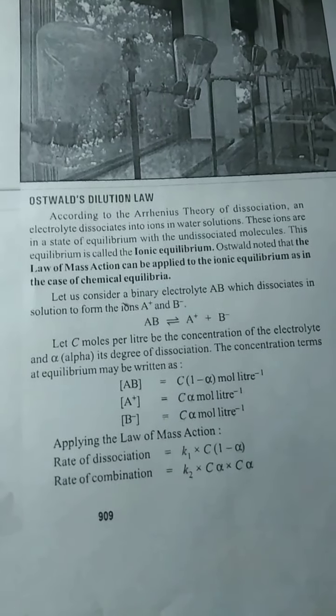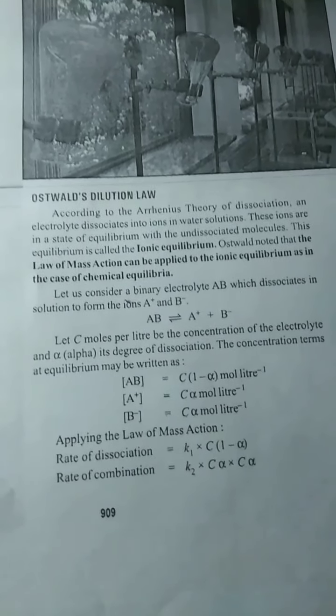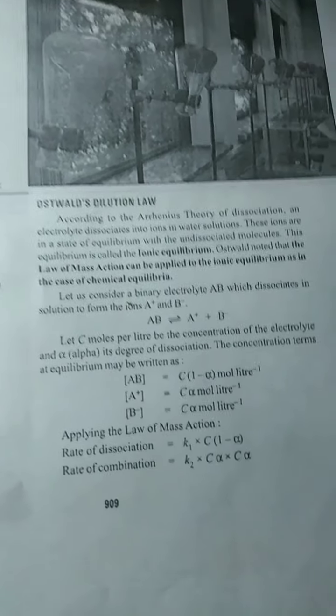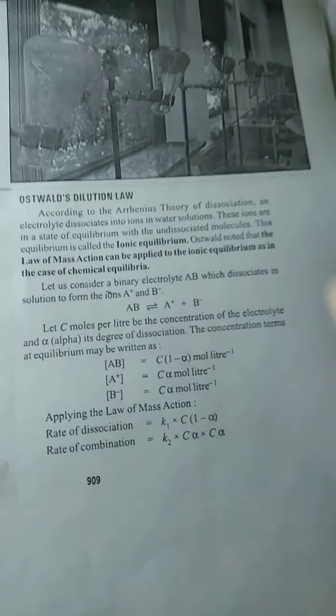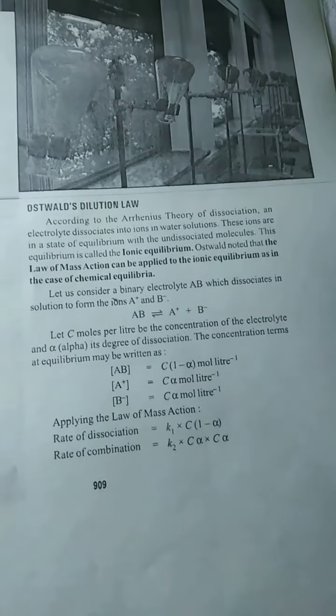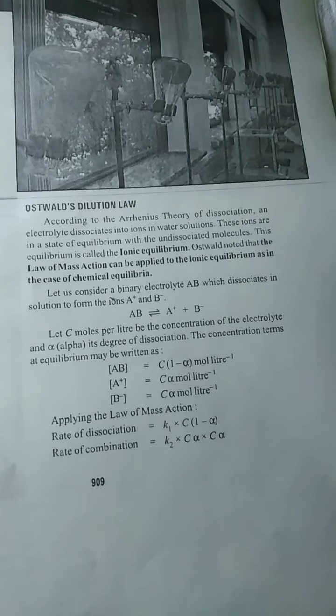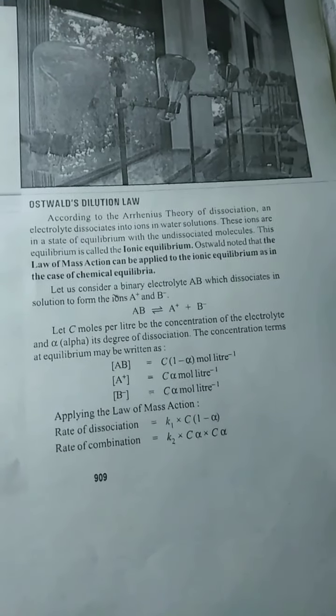Dear students of the third year and fourth year of physical chemistry, let us learn about the Ostwald distribution law. According to the Arrhenius theory of dissociation, an electrolyte dissociates into ions in water solution.